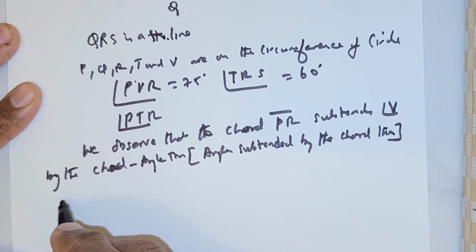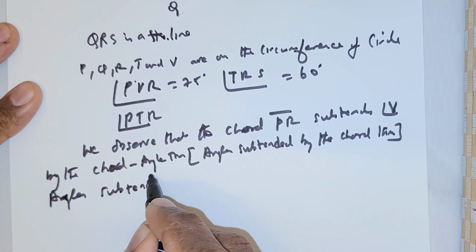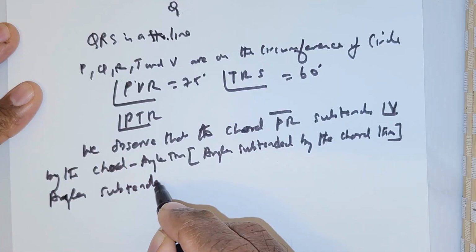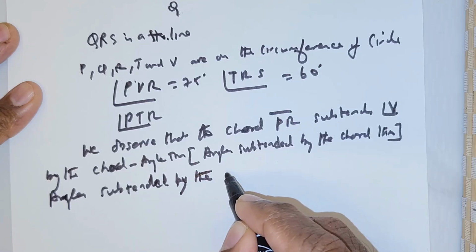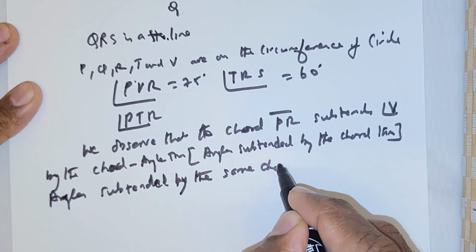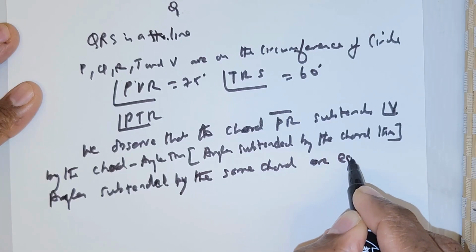So what does the theorem state? Angles subtended by the same chord are equal.